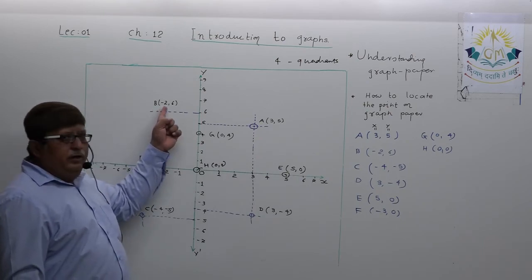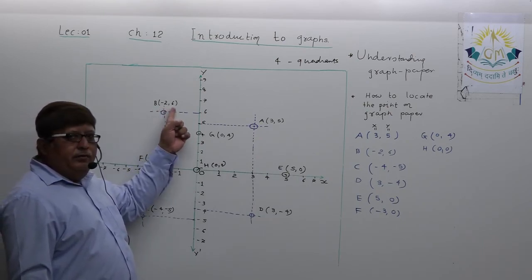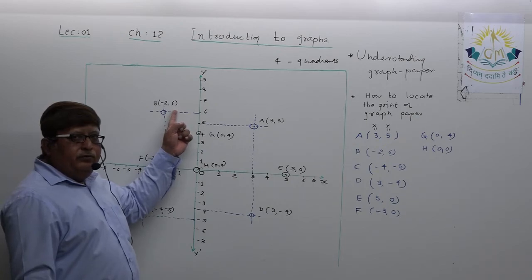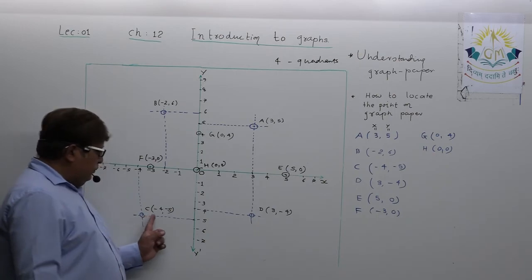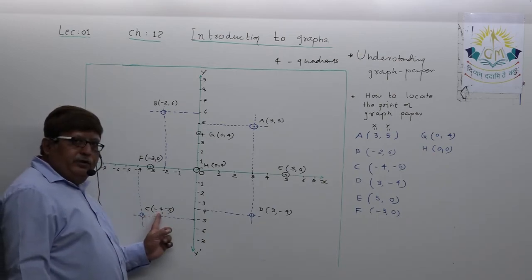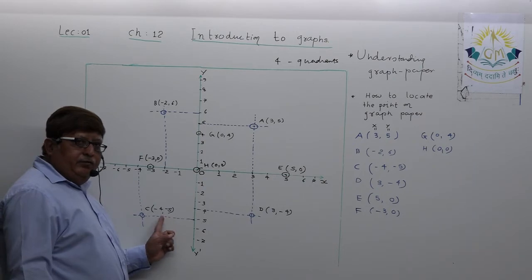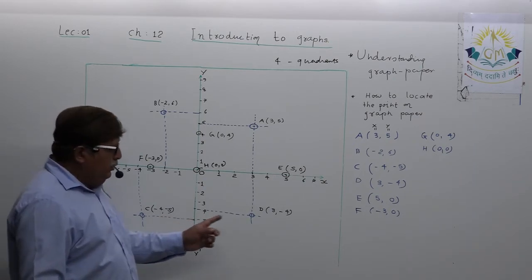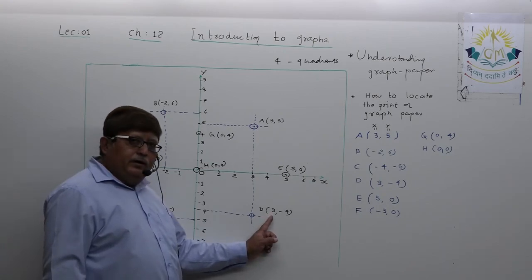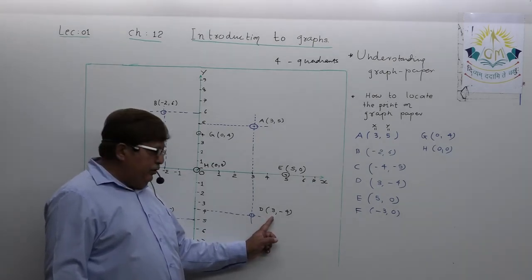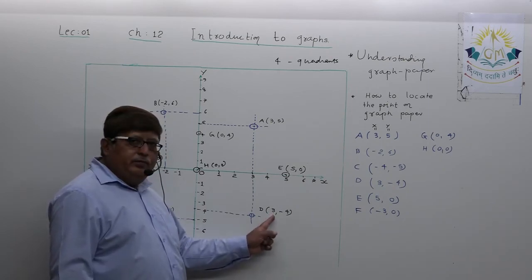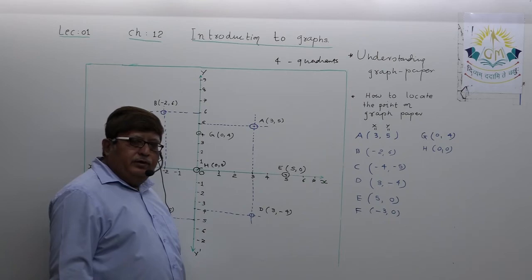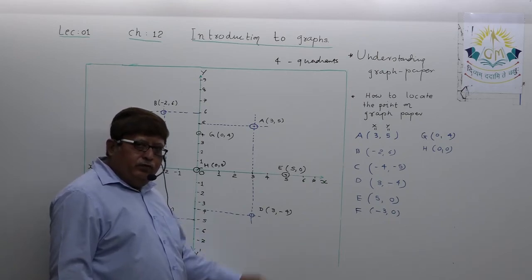X coordinate negative, y coordinate positive, so in the second quadrant. X coordinate negative, y coordinate negative, so third quadrant. X coordinate positive, y coordinate negative, so in the fourth quadrant.